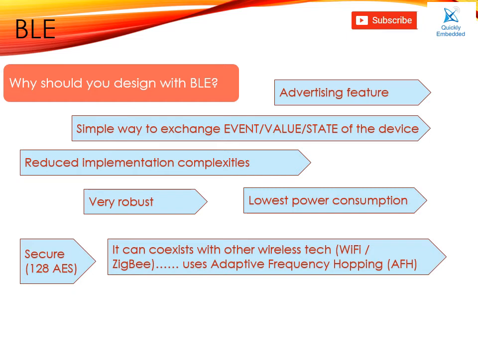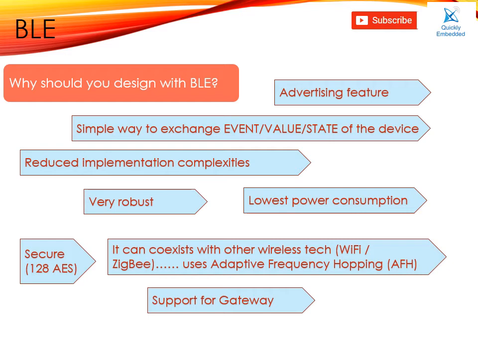So BLE can coexist with other wireless technologies, classic Bluetooth, wireless LAN, IEEE 802.15.4, that is ZigBee, and several proprietary radios that use the license-free ISM band at 2.4 GHz. As both classic Bluetooth and BLE utilize AFH, which minimizes interference, as we already understood, Bluetooth transmission is very robust and reliable.